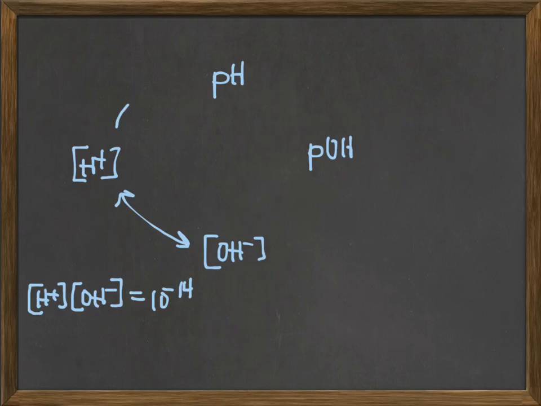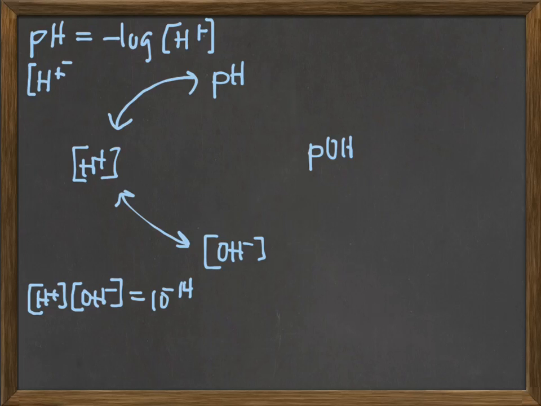Then we learned how to convert between hydrogen ion concentration and pH. pH equals the negative log of the hydrogen ion concentration, and the hydrogen ion concentration equals 10 to the minus pH. And we just talked about the relationship between pH and pOH.